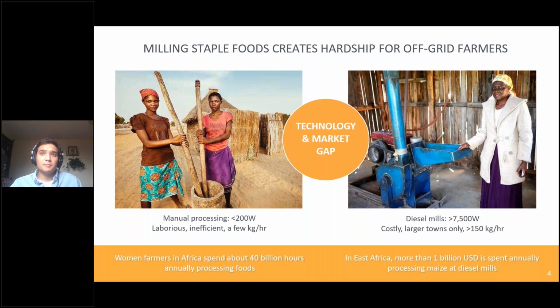In worst case scenarios, women are walking 5+ kilometers to get to the nearest mill. And there's a lot of money spent on processing grain. Just in a collection of East African countries, there's over $1 billion USD annually at milling stations, those typically being diesel mills. Next slide, please.